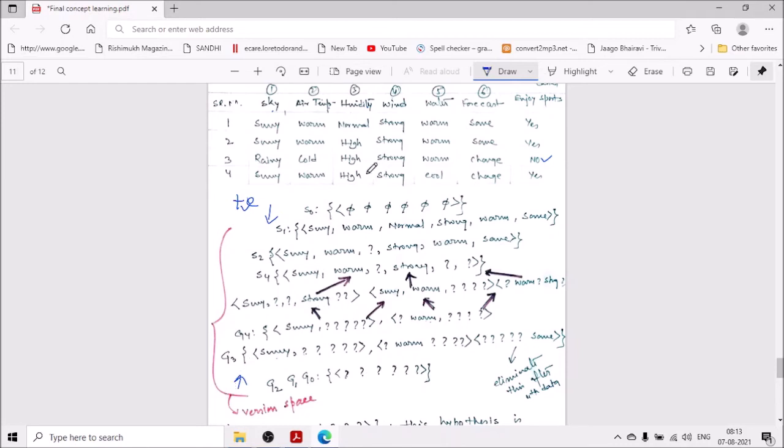Now initialization: most specific, all are phi. So 1, 2, 3, 4, 5, 6, six phis are there. It's the most specific. And most general, all are question marks. 1, 2, 3, 4, 5, 6 attributes are there, because in this particular table 6 attributes are there, and one class label, that is enjoy sports.